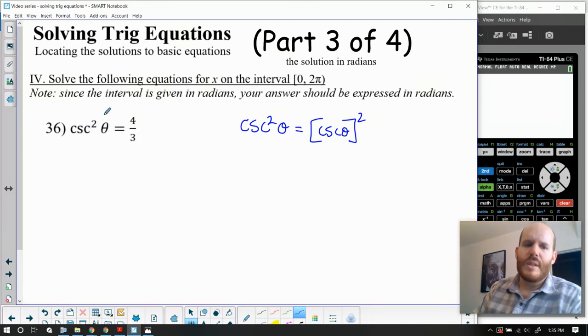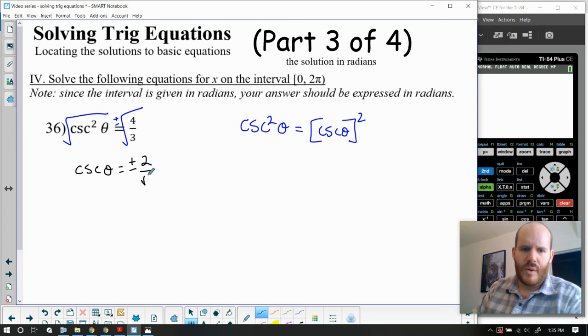To eliminate that square, I'm going to take the square root of each side of this equation. I have to remember that I could have a positive or negative value when I'm taking square roots, because both the square of a positive and of a negative will give me positive 4 thirds. Since the square root and the square cancel each other out, I get cosecant theta equals positive or negative square root of 4 over 3, which is 2 over root 3.